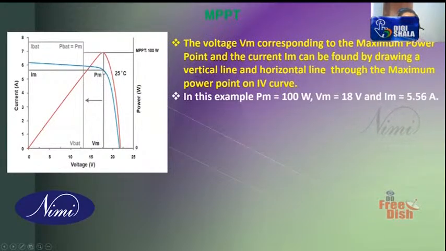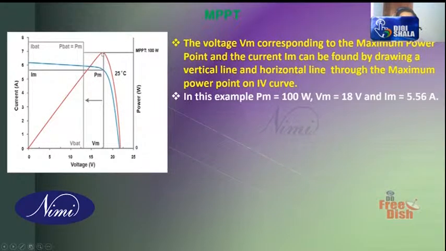This is the curve. This is the 18 volt, this is the 5.56 around here. So 18 volt into 5.56 is 100 watt. Okay. So this is the voltage VM and current IM, which we can take when the module is producing 100 watt supply power.